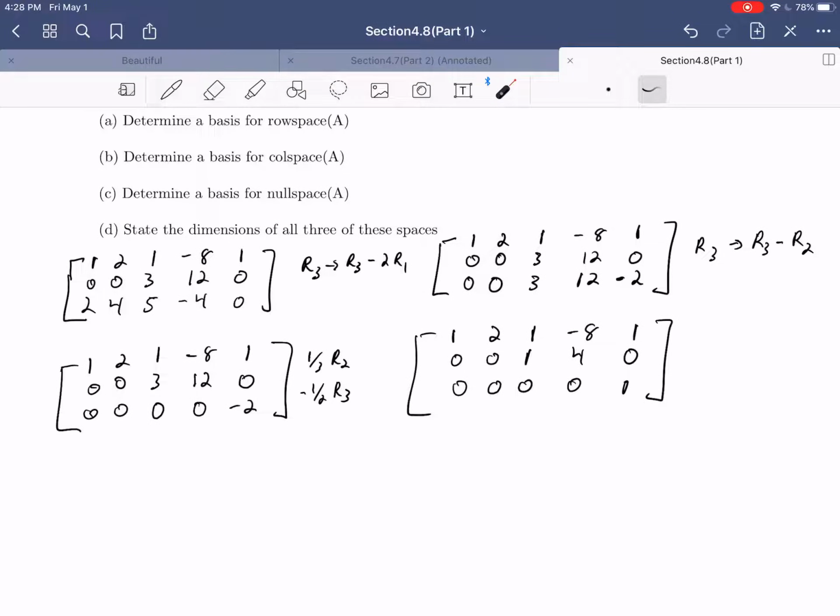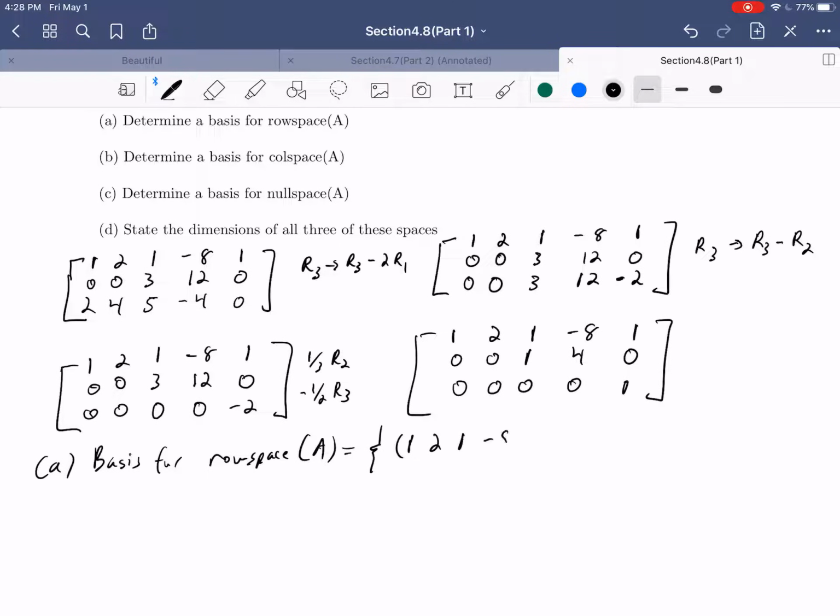Okay, so let's use this then to determine a basis for the row space. So if we look at this, the basis for the row space would be these three vectors. So for A, the basis for row space of A would be, well, it would be vector 1, 2, 1, negative 8, 1.